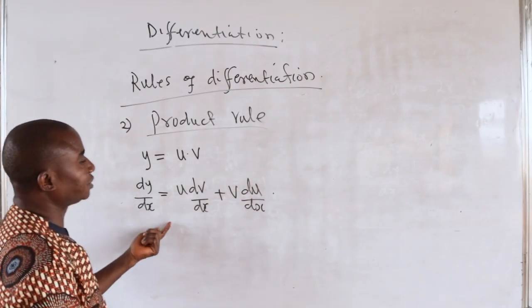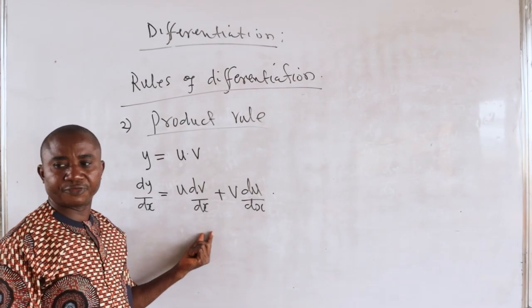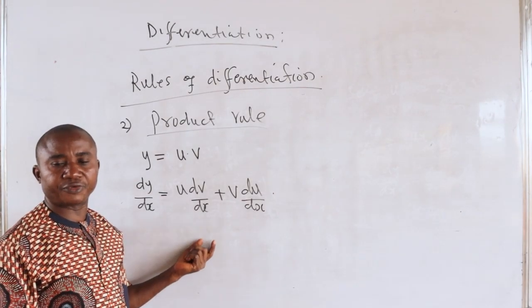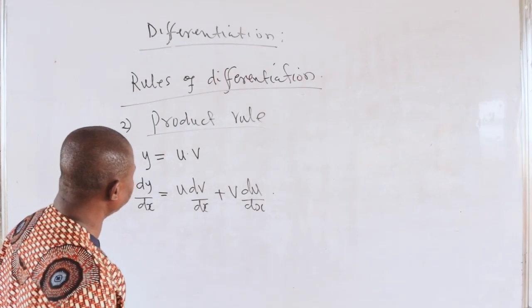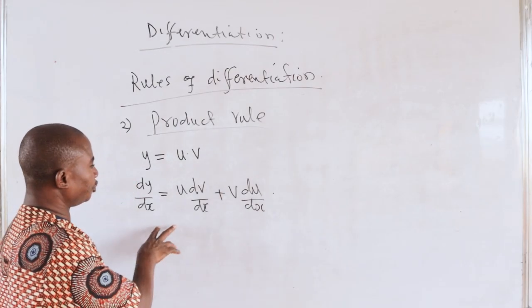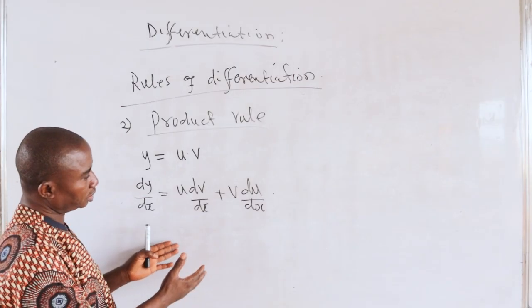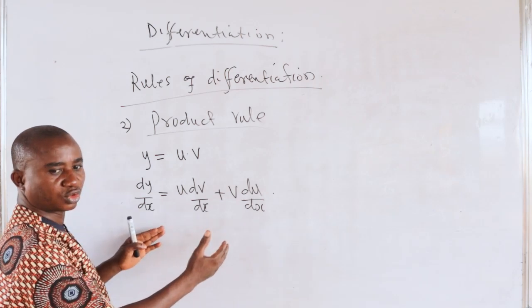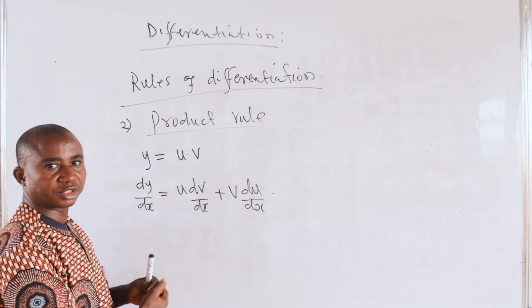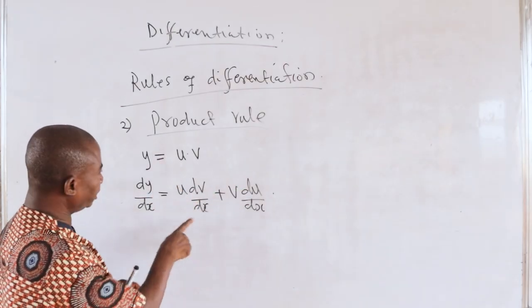We can actually get this formula by using the formula for finding the derivative from first principles. Do I need to worry about this? Well, I consider the audience of interest, so that we don't end up scaring those whose mathematics background is not that strong. Let's just pick the formula and apply it.